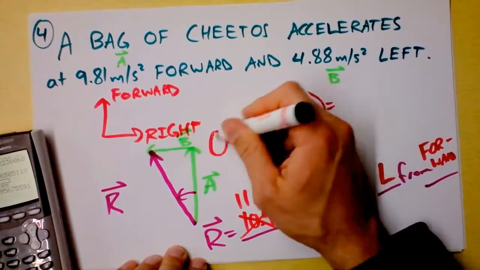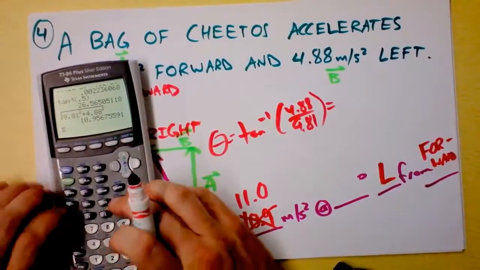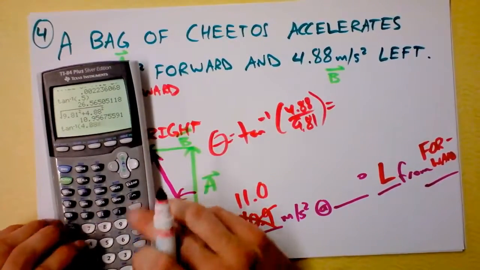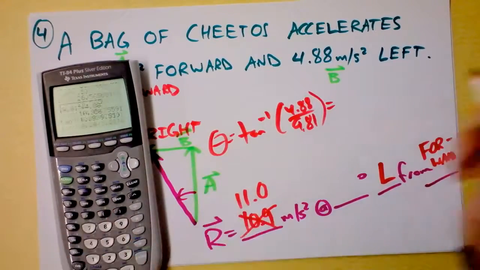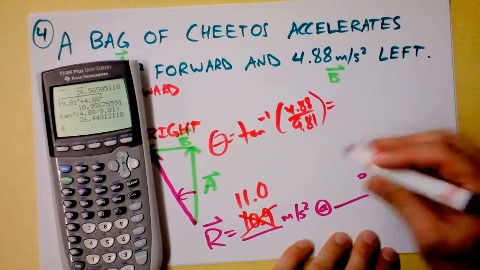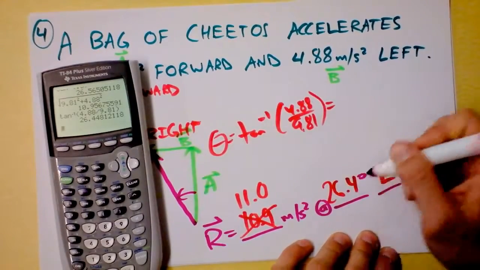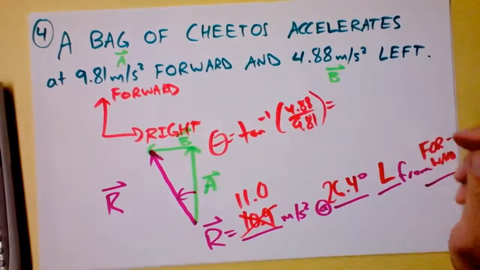And that's going to get me theta, so let's do that math. The inverse tangent of 4.88 divided by 9.81 is, I get 26.4 degrees.